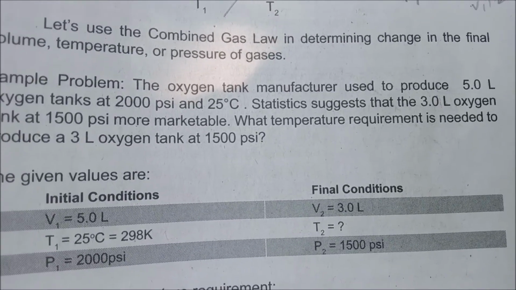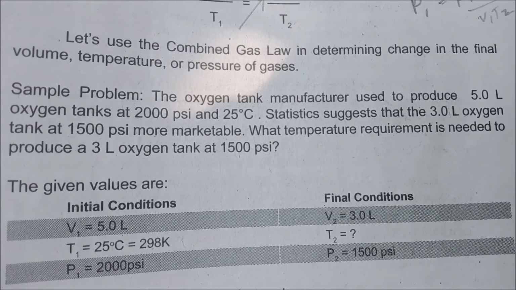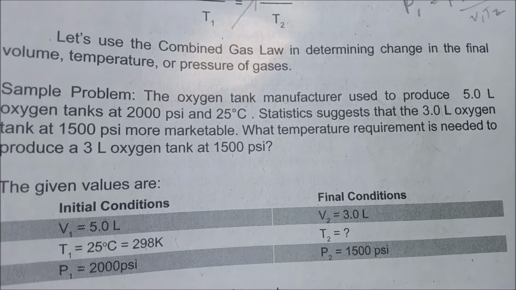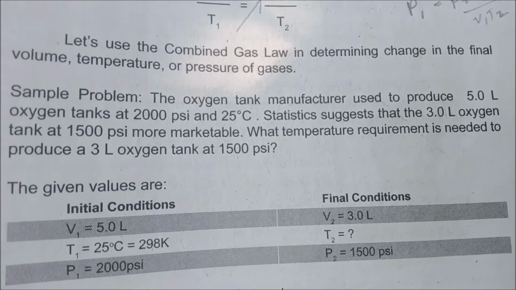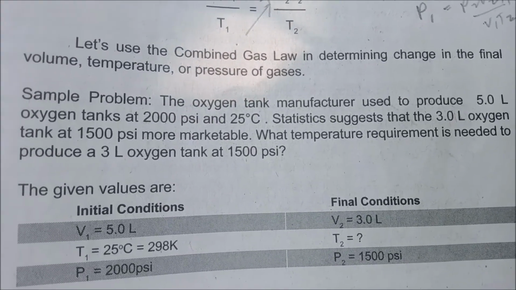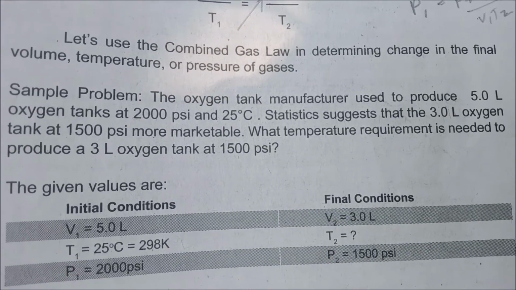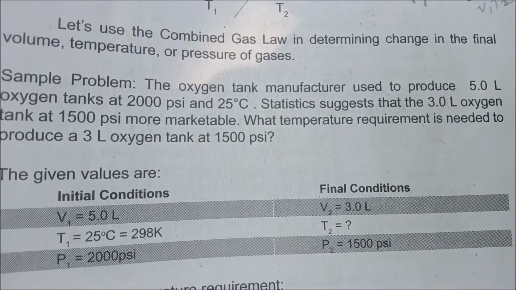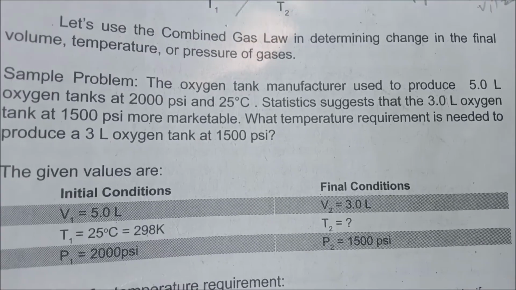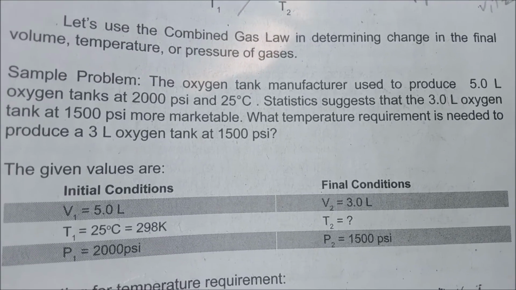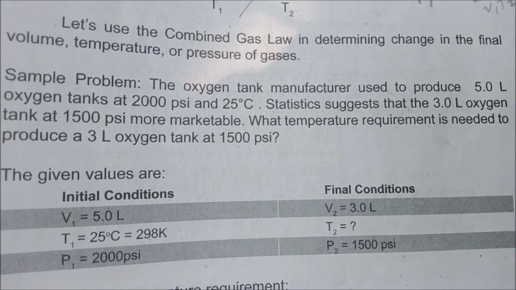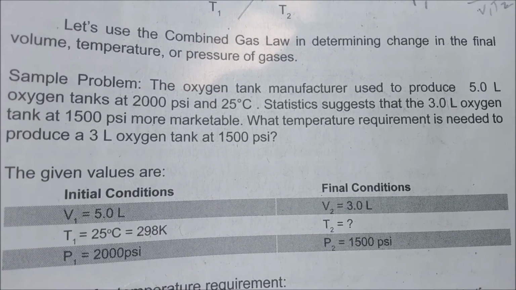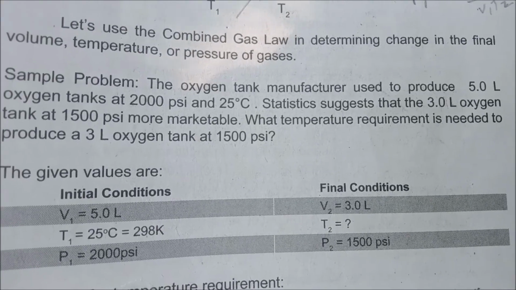What temperature requirement is needed to produce a 3-liter oxygen tank at 1500 psi? So what do you notice from this problem? Both of the pressures are expressed in psi, so we don't need to convert them. It's okay for them to be expressed both in psi units.